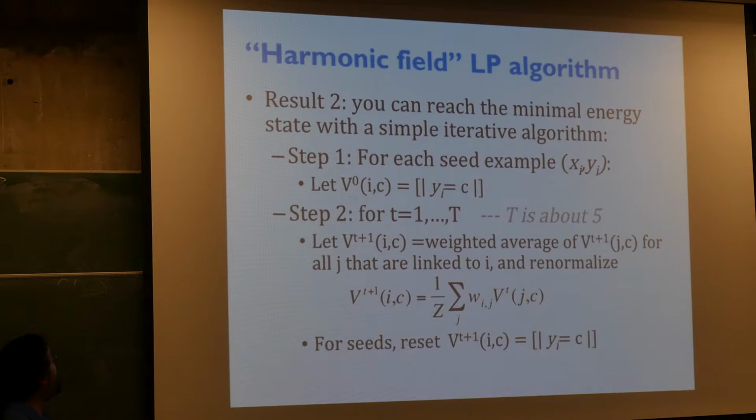So here's the algorithm. For every seed example, we have a matrix which has one row for every node i, and one column for every class. And we'll put a 1 in that if, as a seed, it has a known value of c, and otherwise, we'll just set them to be 0.